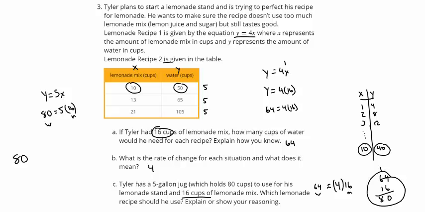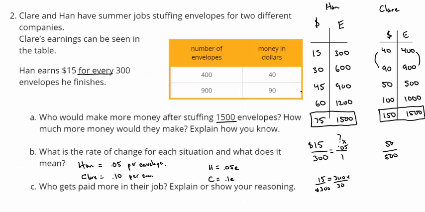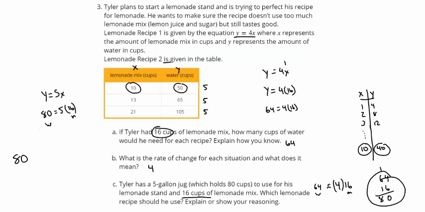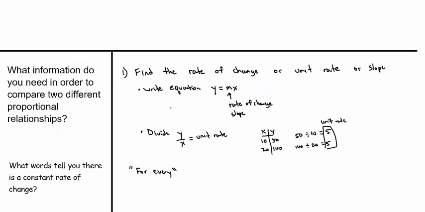This one, she earned $7 per hour. That was her rate, right? $7 per hour. So let's add per in there.